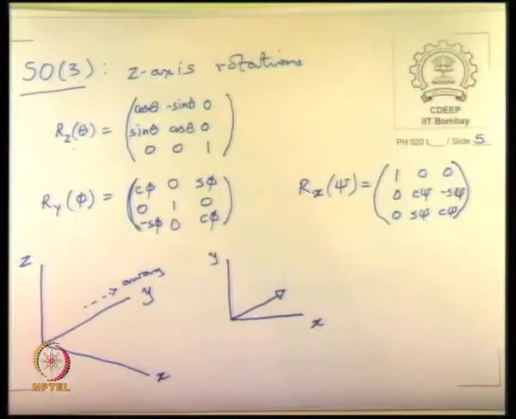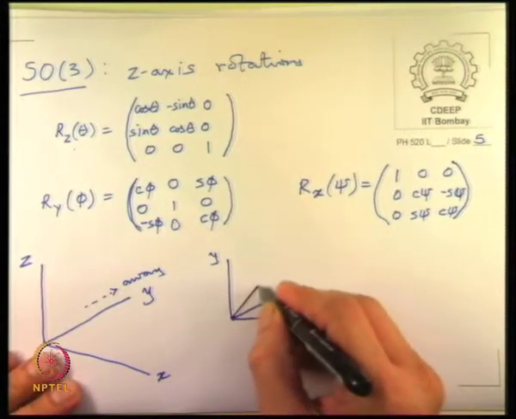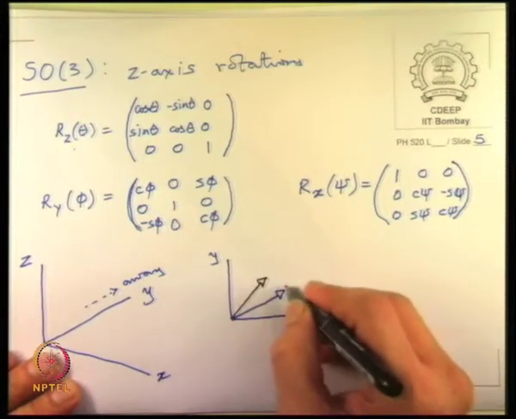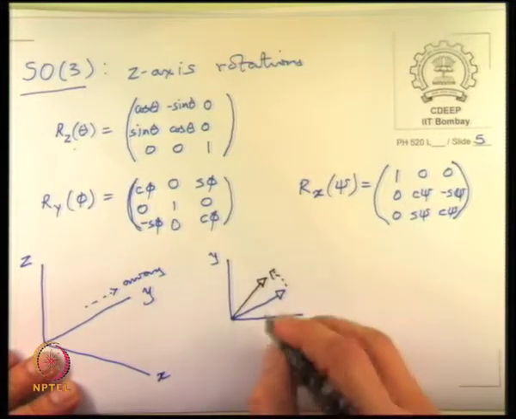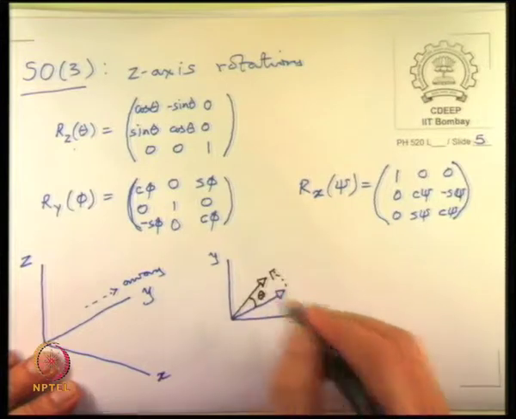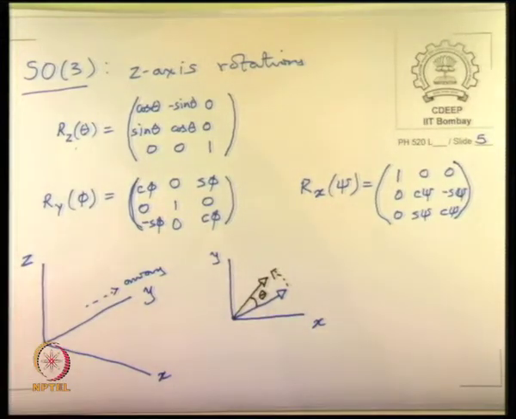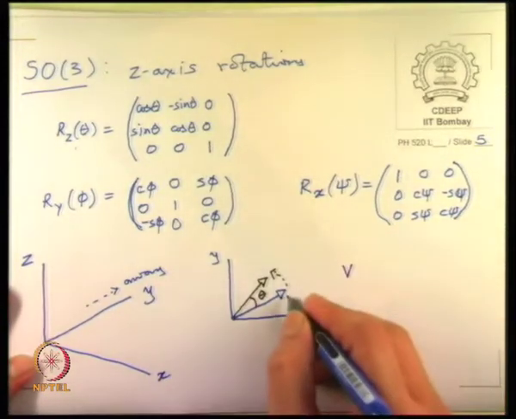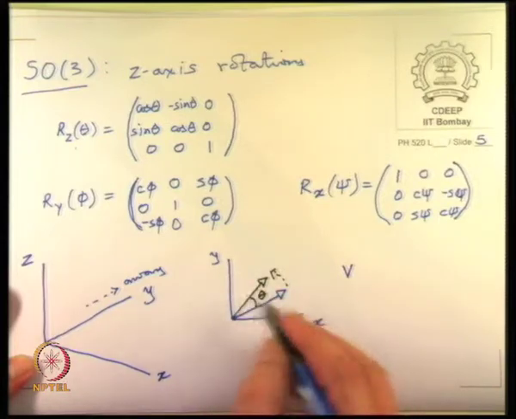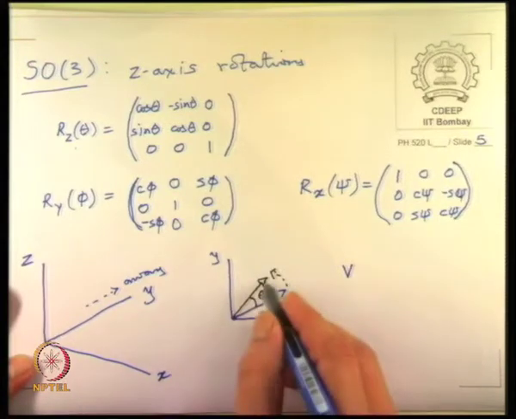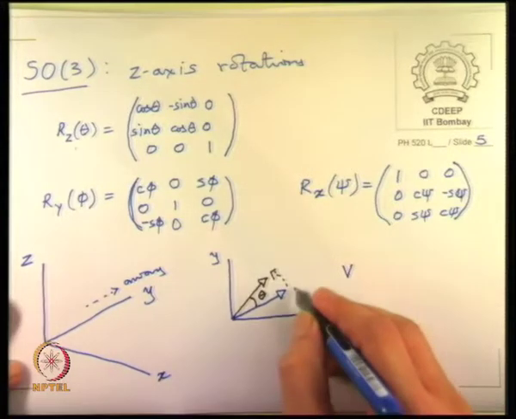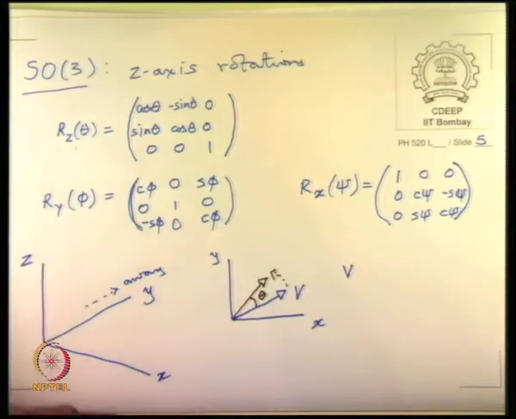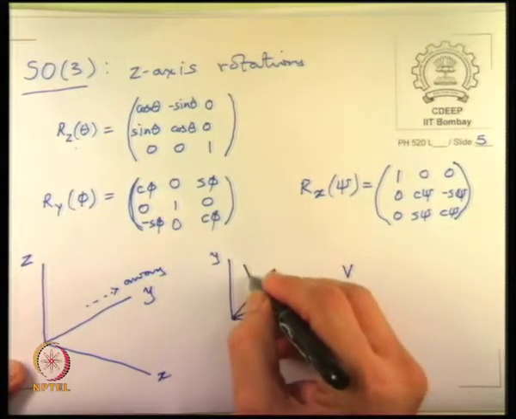So if I have this vector v and if I rotate it to a new position by an angle theta, then what I find is that x component, so I don't want to clutter the diagram too much, but there is Vx, Vy, we can just say V and V prime. Okay. This vector is V and its rotated version is V prime.